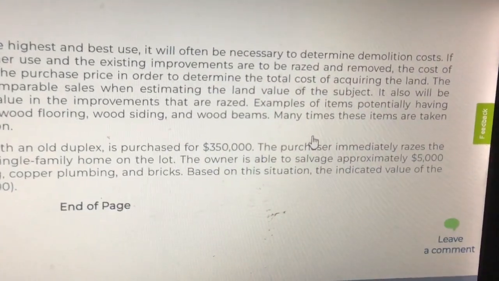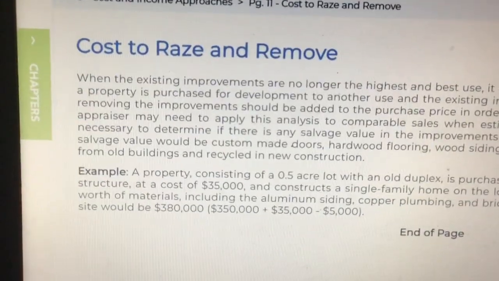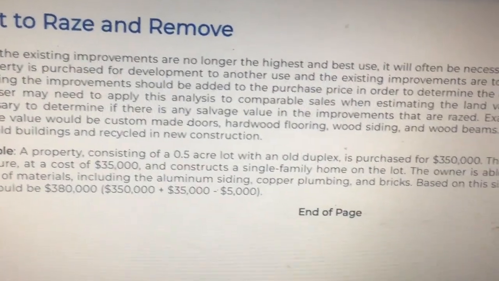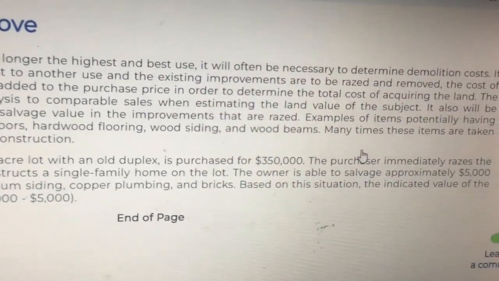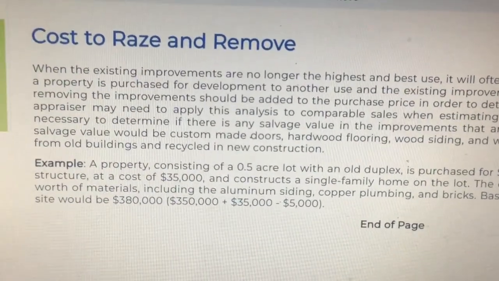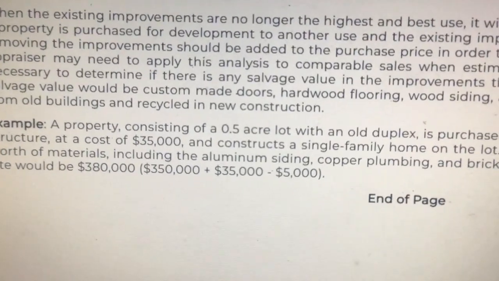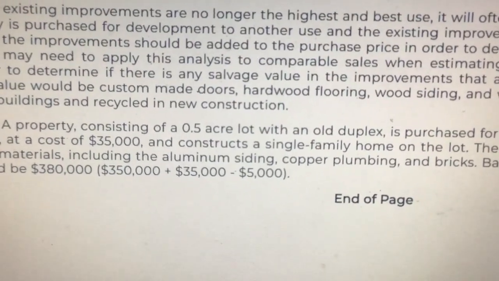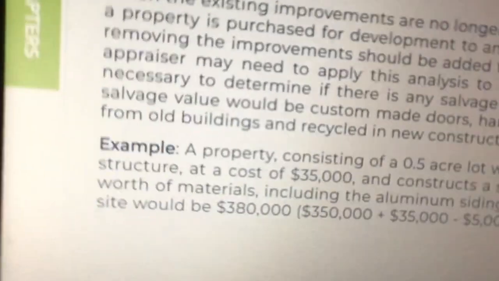The owner is able to salvage approximately $5,000 worth of materials, including the aluminum siding, copper plumbing, and bricks. Based on this situation, the indicated value of the site would be $380,000. You take the $350,000, you add $35,000, and you minus $5,000. End of page.